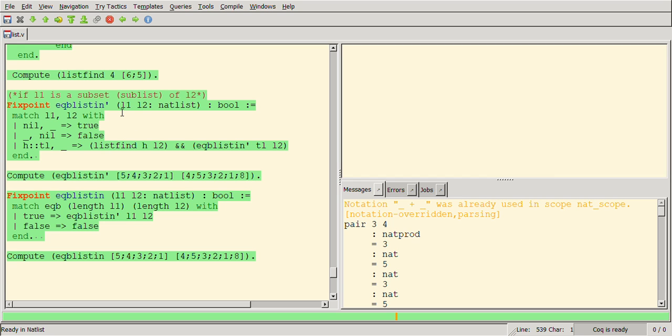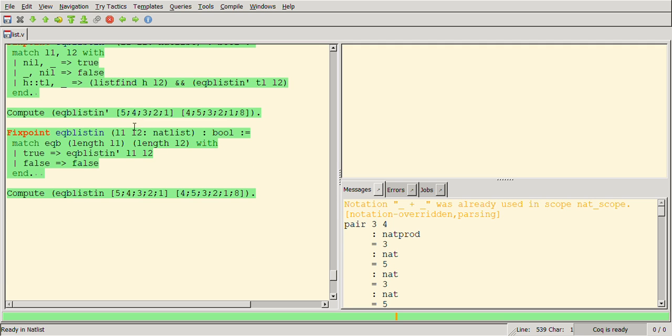If L1 is smaller than L2 and all the elements of L1 are included in L2, then the two lists would be considered equivalent. And this last function considers the length of the two lists as well. So if the two lists are of the same size, and if all the elements of the first list are included in the second list, then the two lists would be considered equivalent.